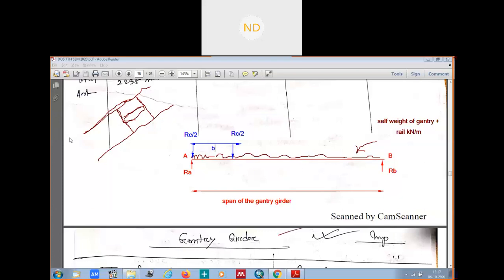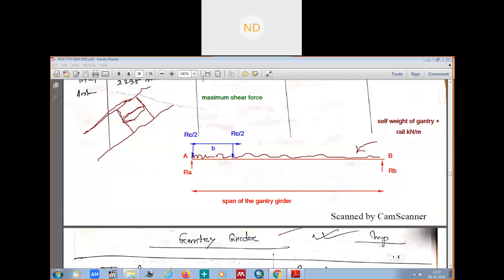Okay, so this was your maximum shear force. In this way, from this you can calculate now the maximum shear force.